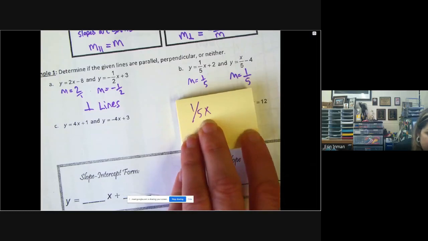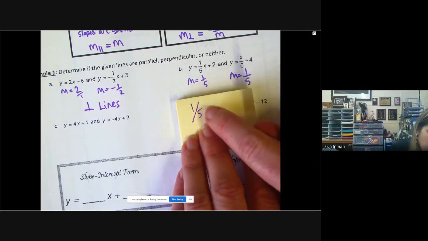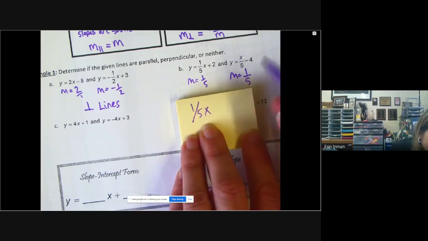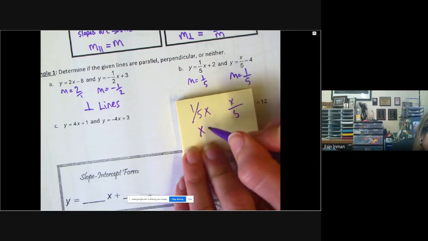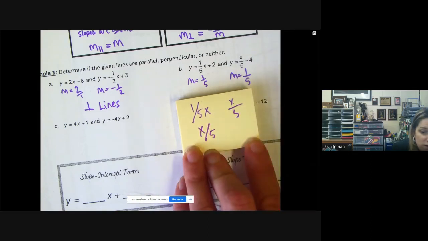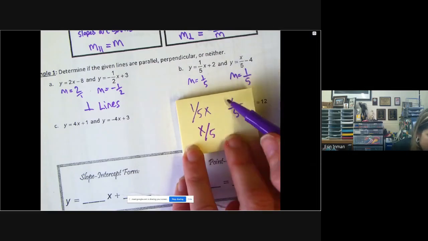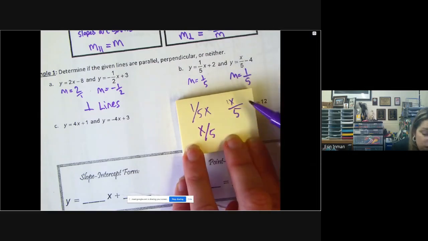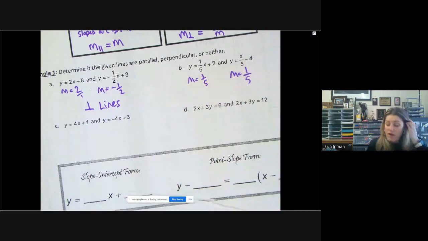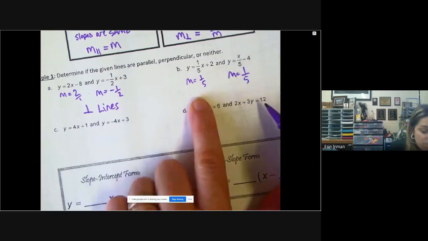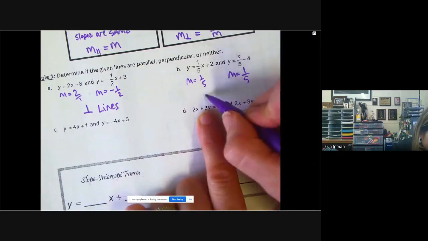If I'm typing this in a sentence, it kind of looks like it might be either 1/5 x or it's supposed to be 1/5x. So a lot of times, when it's a fraction like that, they'll type it in like this, x divided by 5. That's the same thing, because we can't get the 1/5 to look right without the equation editor. So anyway, these slopes are both 1/5, and so those are going to be parallel lines.